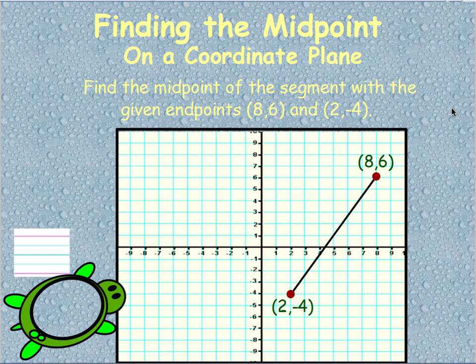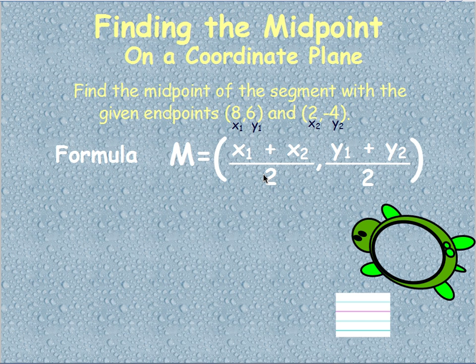Now finding the midpoint on a coordinate plane is not quite as straightforward. It's really close, and actually it's very simple, but this is on a diagonal and you can't really count it out, right? So finding the midpoint on a coordinate plane, we are going to take the x values and find their average.